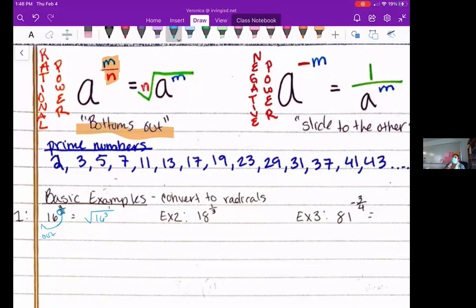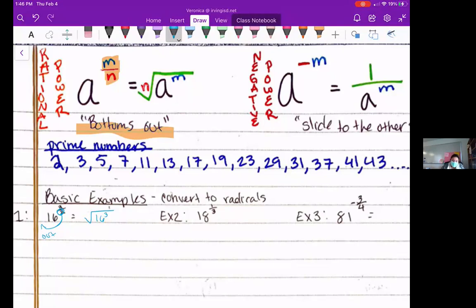And notice I didn't say you move to the bottom. I said slide to the other side, because if you have a negative on the denominator, then you grab that entire base with its power and move it to the other side. So it doesn't matter if I give you a negative exponent on the top or the bottom, wherever it's at, you're going to throw it to its opposite side.